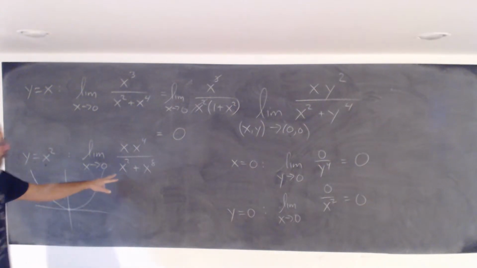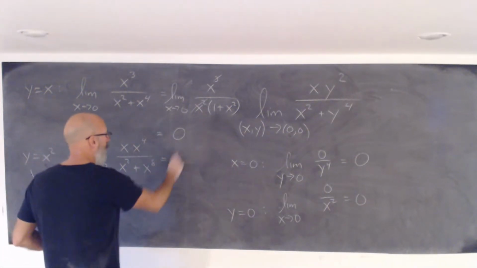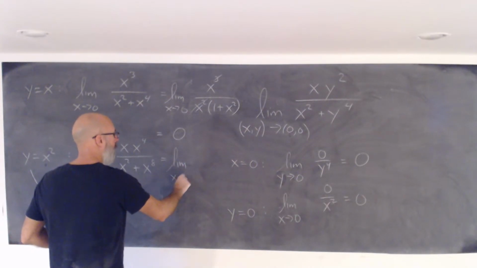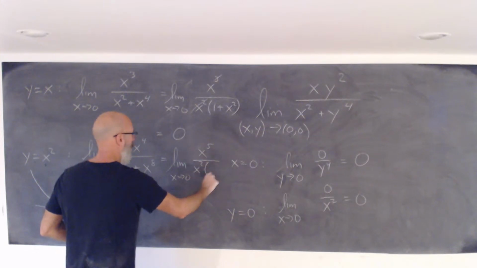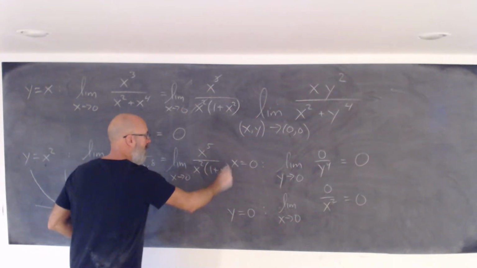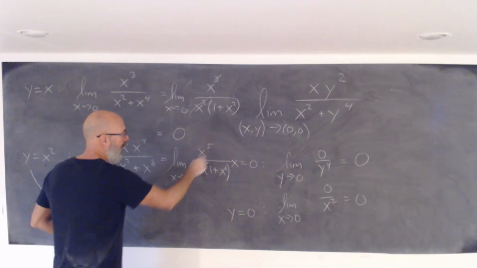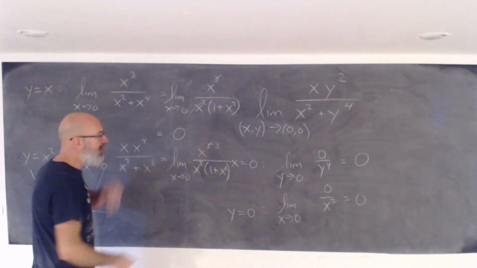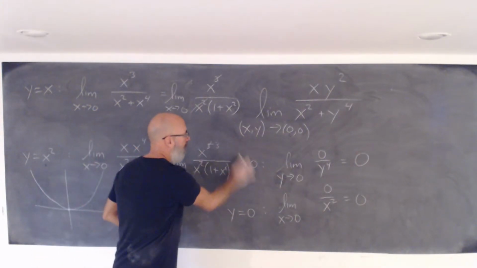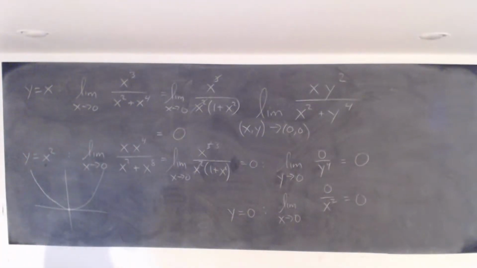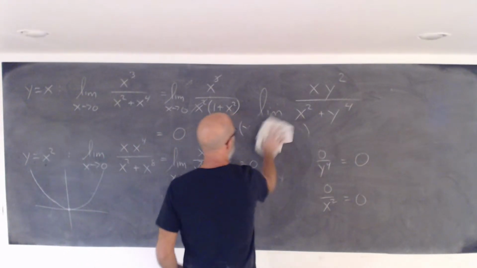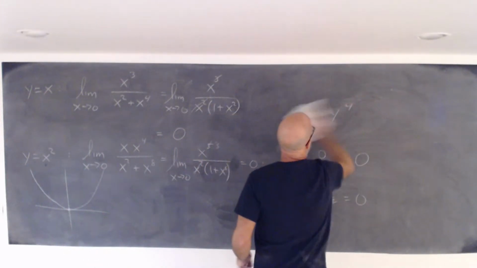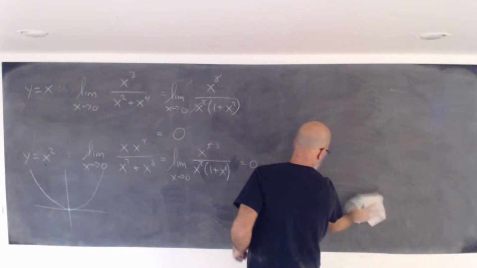If you factor out an x squared again, this is x to the 5, this is x squared, 1 plus x to the 6. These cancel out, leaving you with x cubed. Still a limit of 0, though. So that still gives you a limit of 0, but I didn't want to erase that.